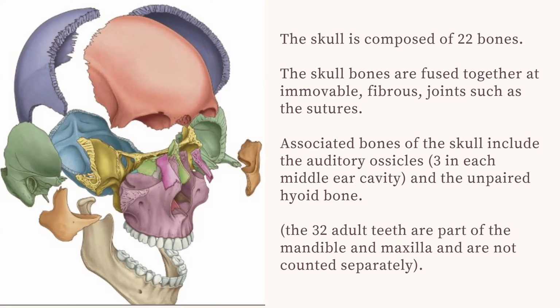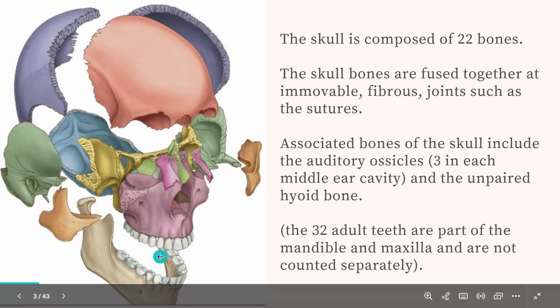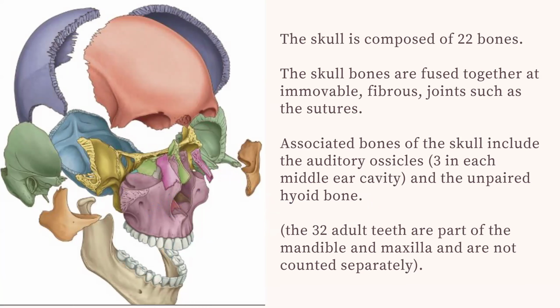They are located mainly in your middle ear cavity. And there is the unpaired hyoid bone, which is located in your neck.